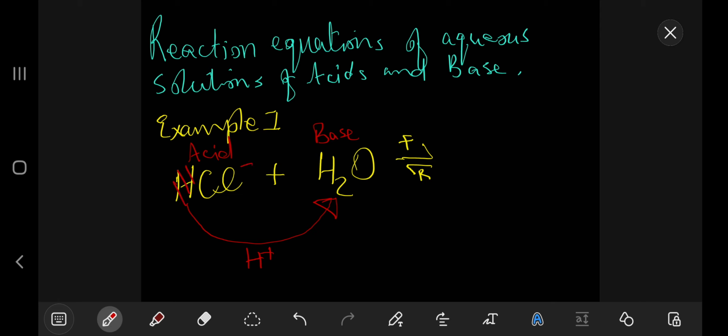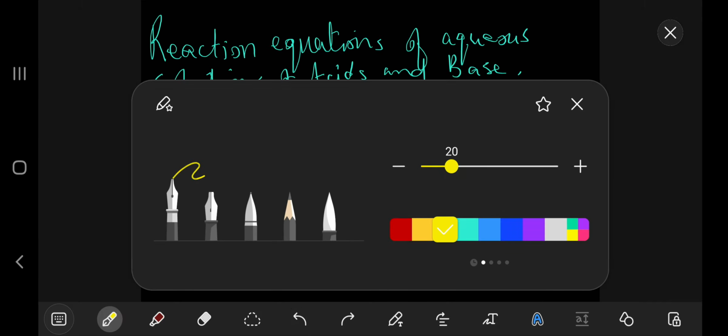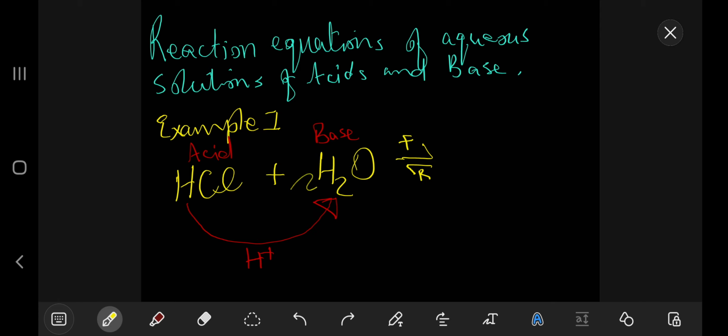Okay, and then what will happen? The hydrogen goes here, and then we have H3O plus. So the products, we have H3O plus, and then Cl minus, right?